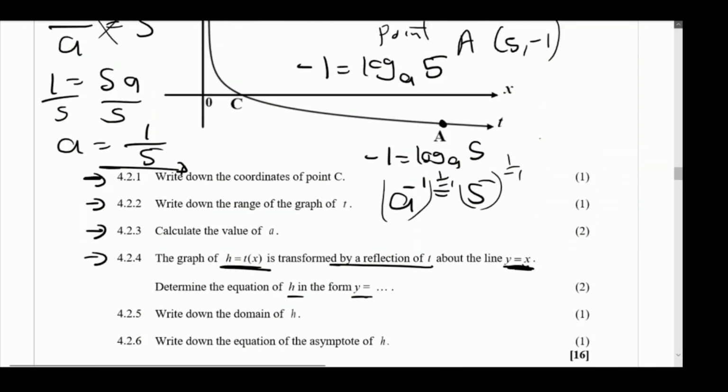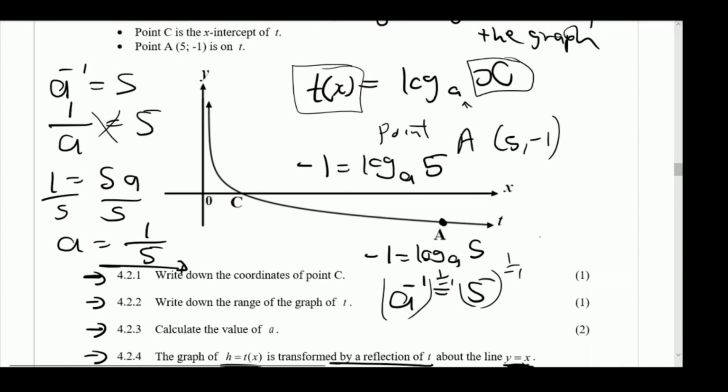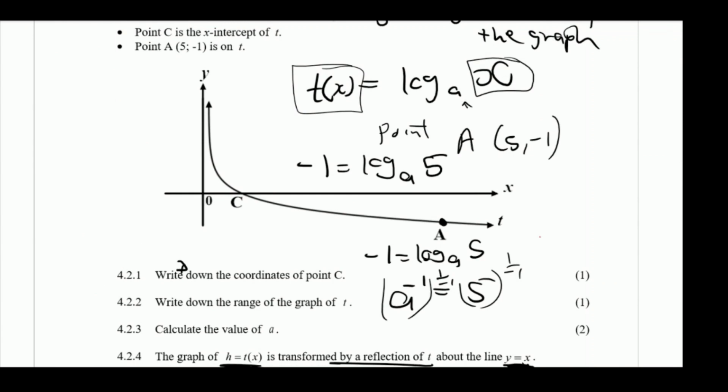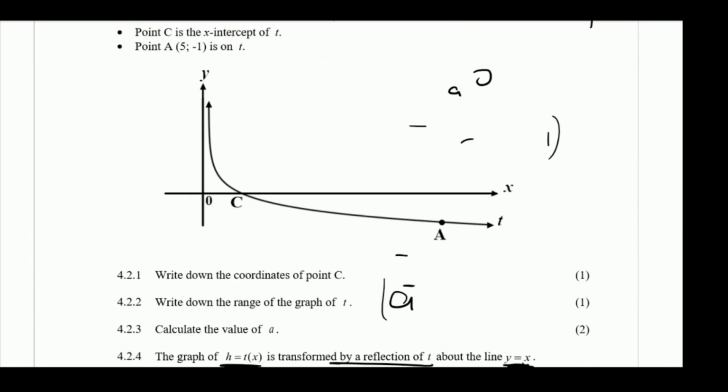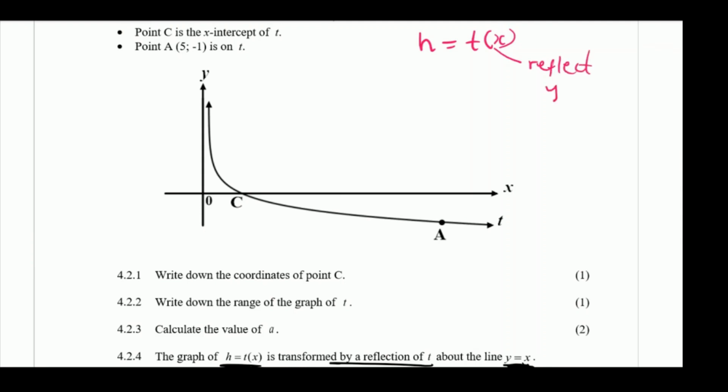We go back to our graph. Let me erase everything here. So the given graph looks like this, right? And we are told that we want to find the equation of h, which is equal to t of x, but it's the reflection of this about the line y is equal to x.